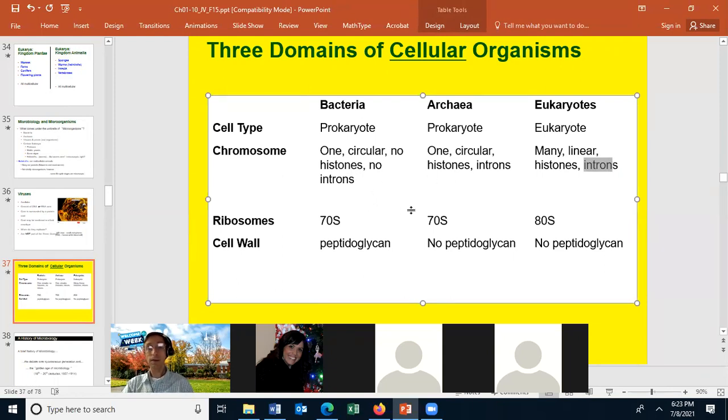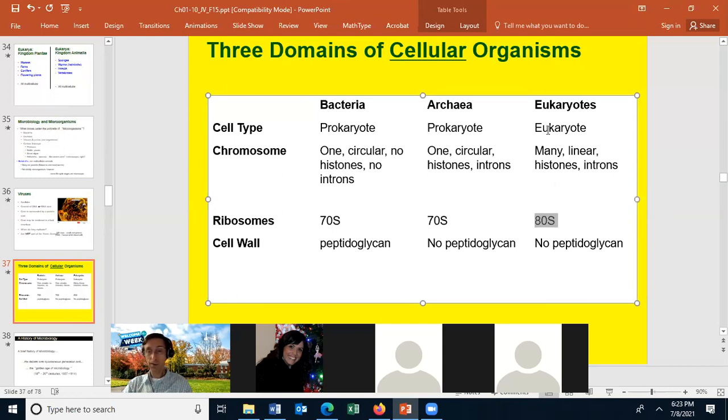The bacteria and the archaea have smaller ribosomes than the eukaryotes. The eukaryotes have an 80S ribosome. You don't really need to know this, but this is a size that the biochemists and the microbiologists came up with for ribosomes. And this is where the ribosome would sediment if you put them in an ultracentrifuge gradient and then put the gradient in the ultracentrifuge.